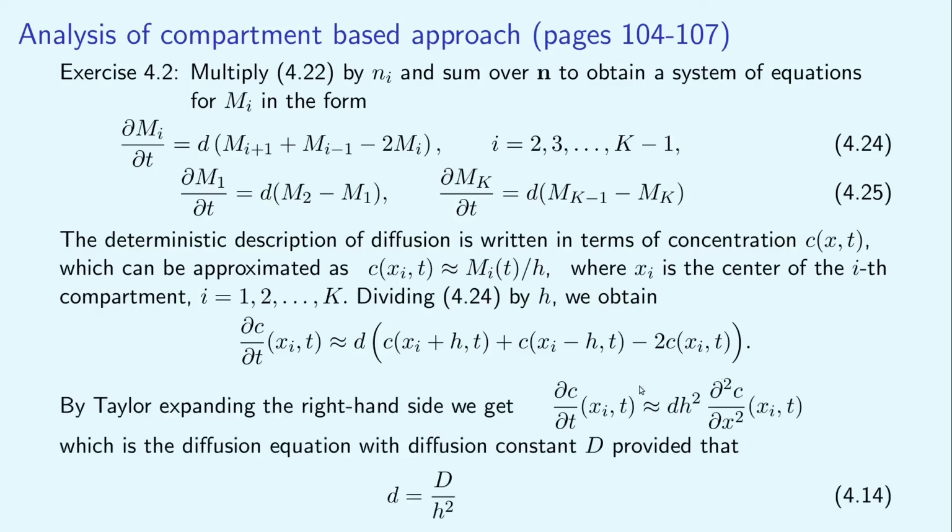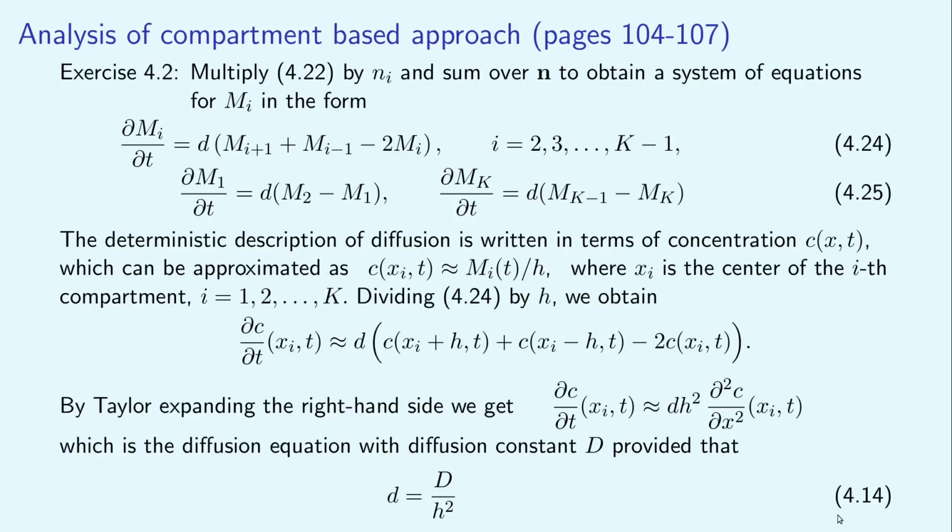By Taylor expanding the right-hand side, we obtain the diffusion equation for concentration C with diffusion constant D, provided that the rate constant lowercase d of our chemical system 413 is chosen to be equal to diffusion constant D divided by the compartment size h to power 2. This is exactly the formula (4.13) which we have used in our illustrative simulations.